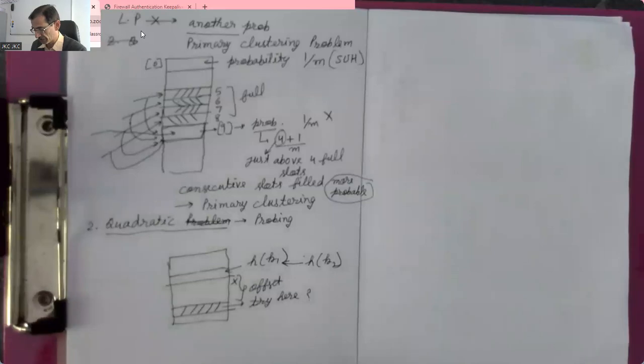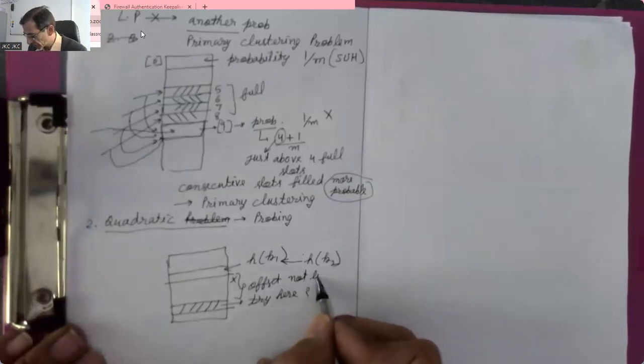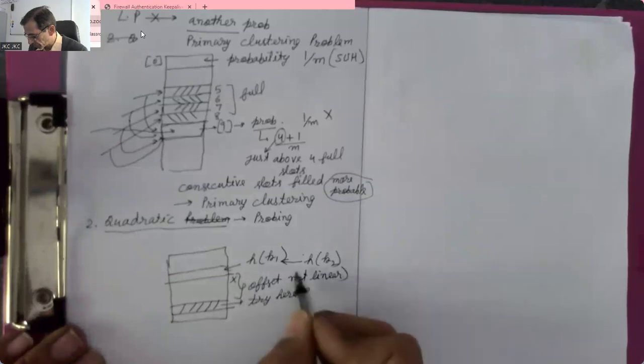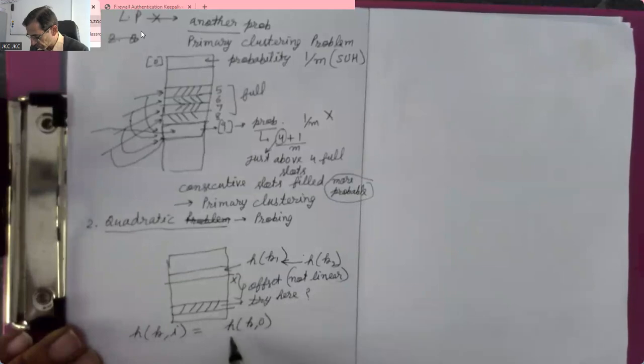So give some offset. And they decided the offset should not be linear, but a quadratic offset. How did they decide? They said h of k, i is nothing but the first function, which is obviously the original function.